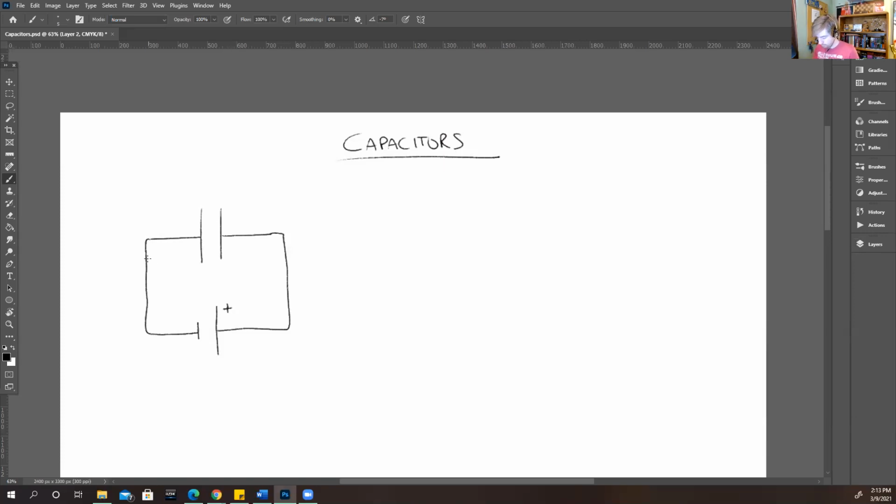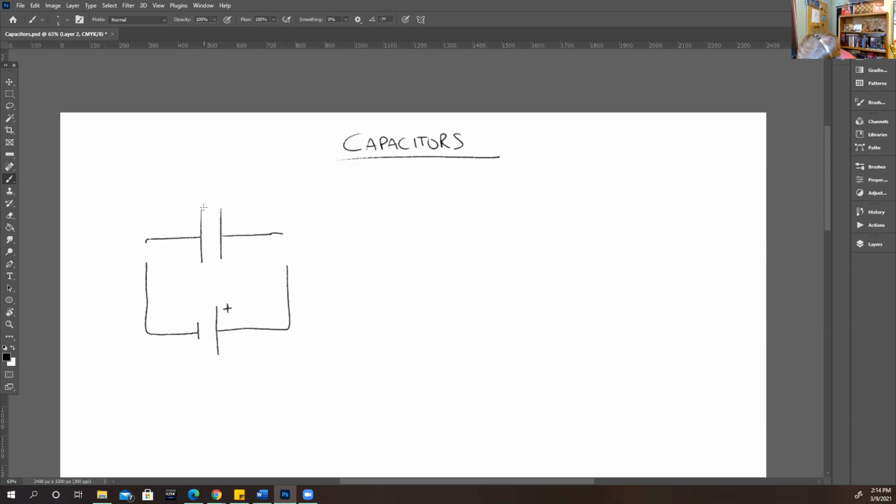Now, before I hook it up to the battery, let me disconnect it. These are two pieces of metal that are neutrally charged. They have equal numbers of positive and negative charge on top of them. I was going to draw them as bricks to show that they are physical pieces of metal, but I'm just going to use this diagram.